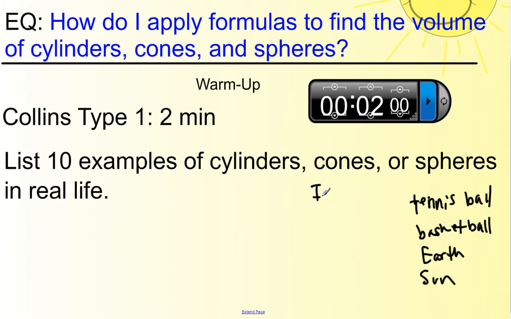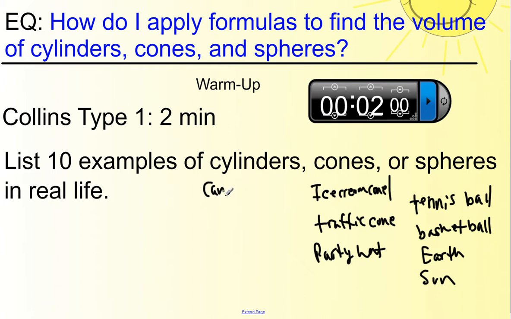Cones. You've got like an ice cream cone. You got like an orange traffic cone. You've got a party hat. Cylinders. Well, you've got a can of soup. You've got a soda can. What else? A trash can. You could have a roll of paper towels.